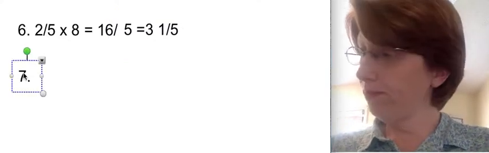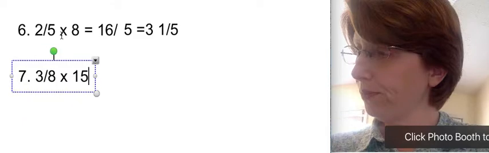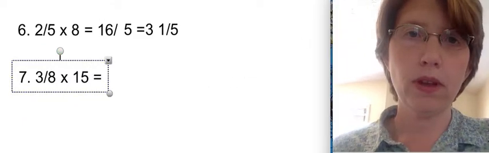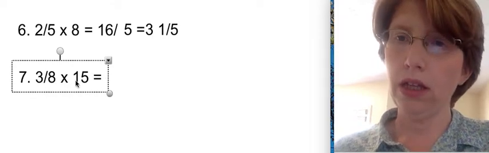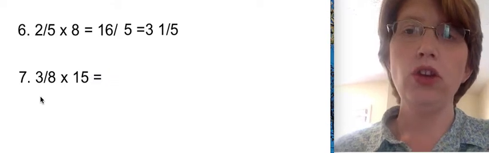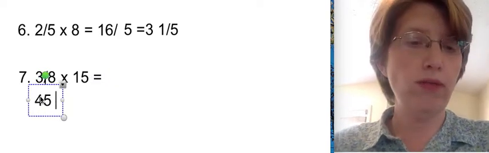Now 7. 3/8 times 15. Multiply numerator times whole number. 3 times 15 is going to be 45.